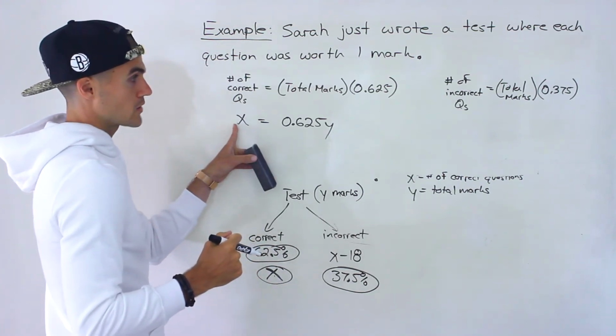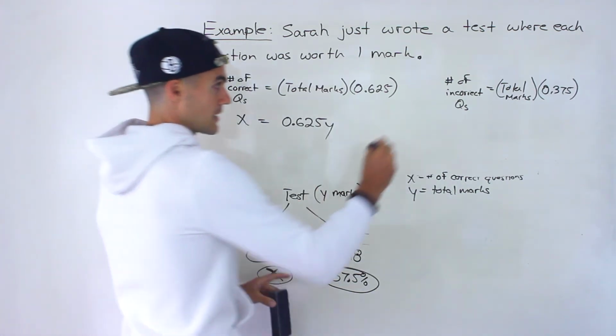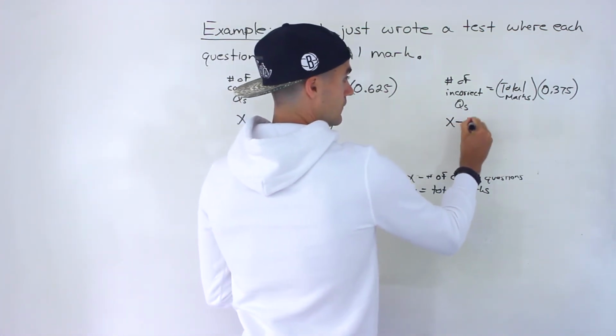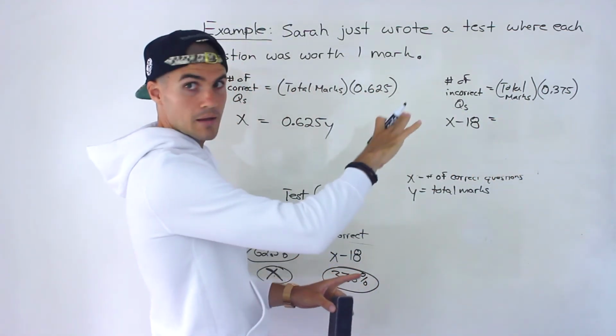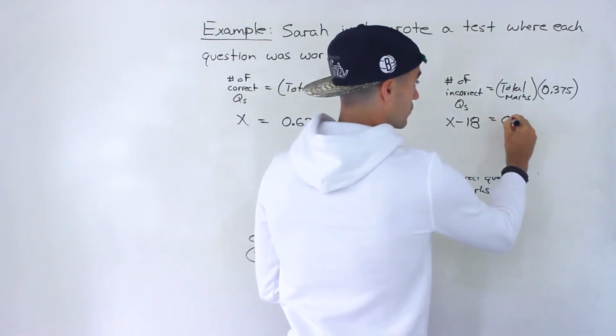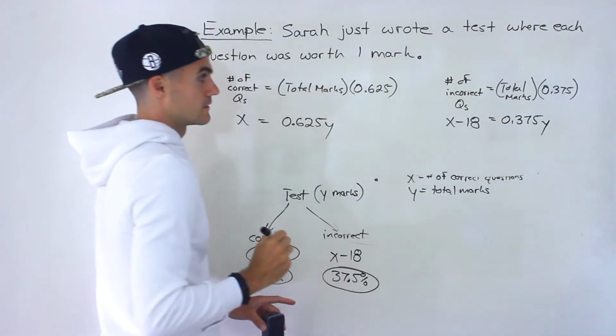And then the number of incorrect questions, which is this x minus 18, is equal to the total marks, which is y, times 0.375. So we'll have 0.375y. Like that.